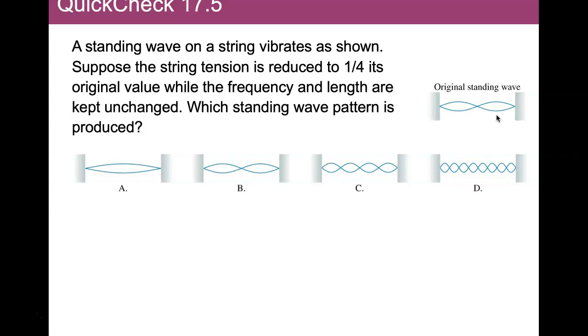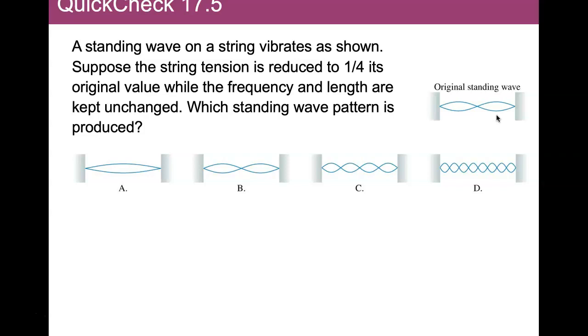So tension. Remember, the speed is the square root of tension over the linear mass density. So if you reduce the tension to 1/4 of its original value, then the speed becomes half, right? The square root of 1/4 is 1/2. Becomes 1/2 its original value. So lambda times f is v. Okay.